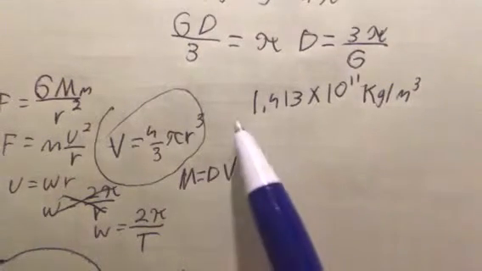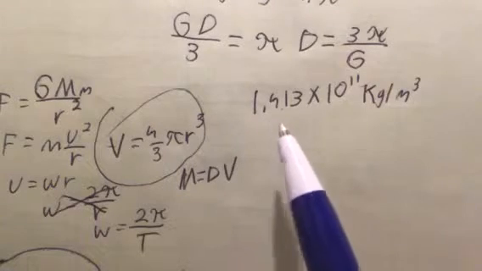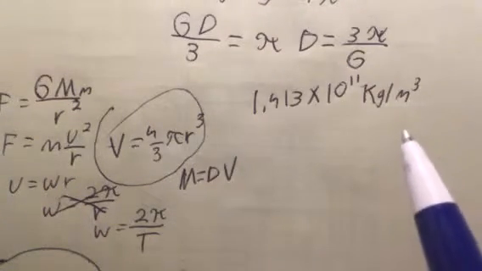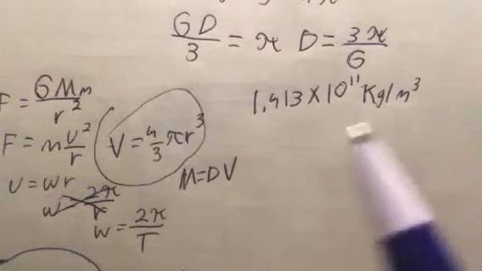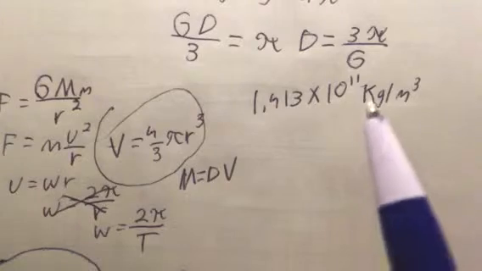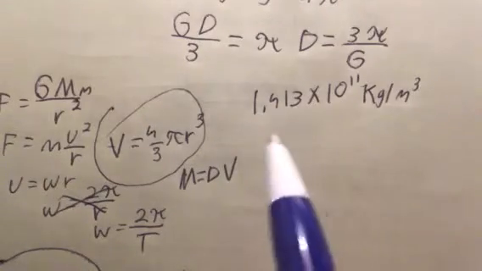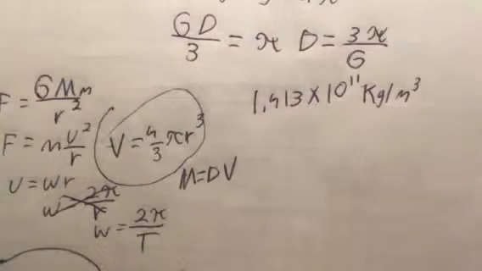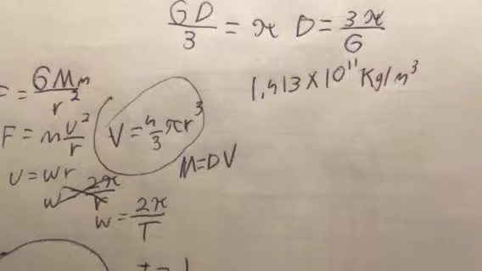Well, a density of 1.413 times 10 to the 11th kilograms per meter cubed is a massive density. And if we know anything about neutron stars, it's that they are extremely dense. So this answer makes perfect sense under the context of the problem. That's always something you should be looking for: whether the answer makes sense not just mathematically, but also within the context of the problem.